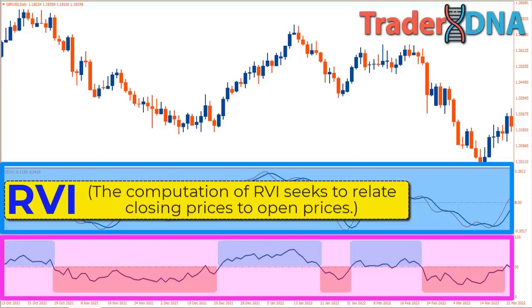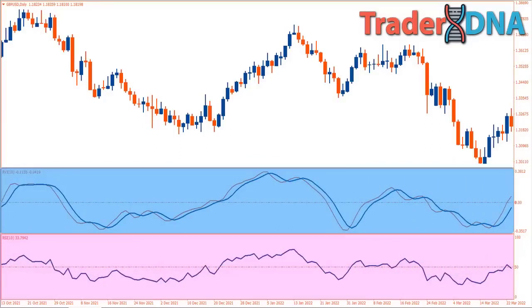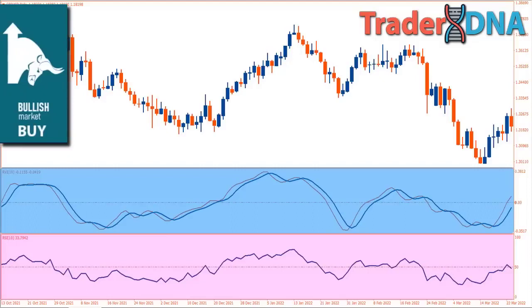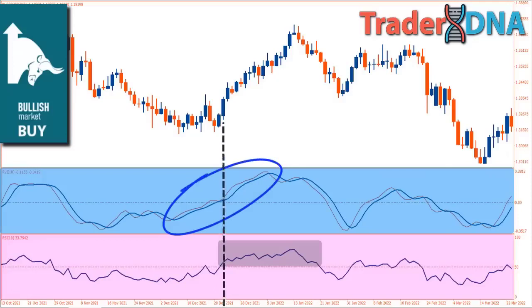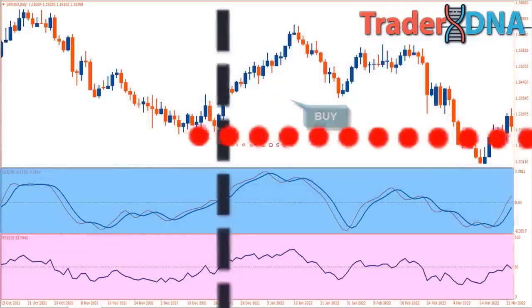And now, let's take a look at two setups for the Relative Vigor Index and the Relative Strength Index trading strategy. For instance, in the first setup, we're looking to buy. We want to see the RSI showing a bullish condition, or above the 50 level, and the RVI making a bullish cross. Then we can go long. In the second setup, we want to sell.